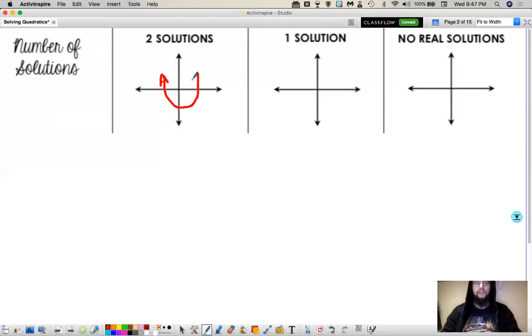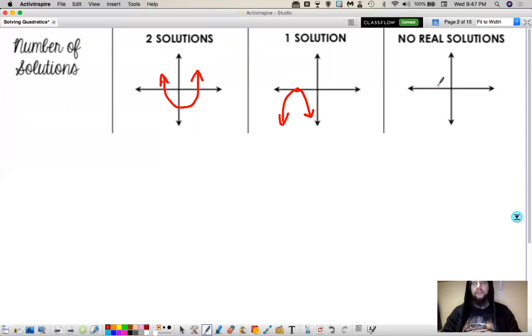That's two solutions. It doesn't matter if it's pointing up or down. One solution would be something more like, here's my vertex right on the x-axis, either up or down, doesn't matter. But it's only got one solution because my vertex, my minimum or maximum, is on the x-axis.